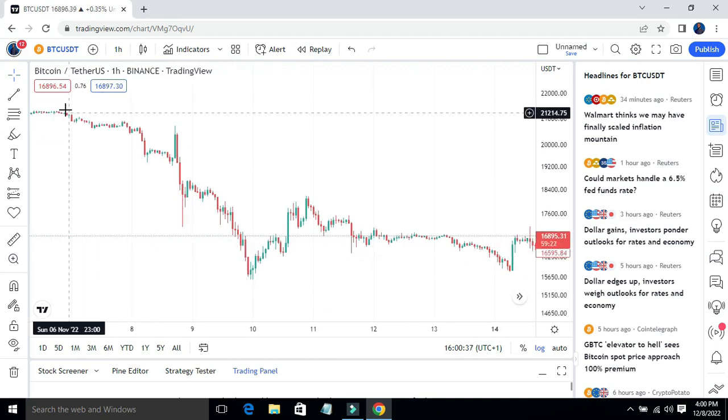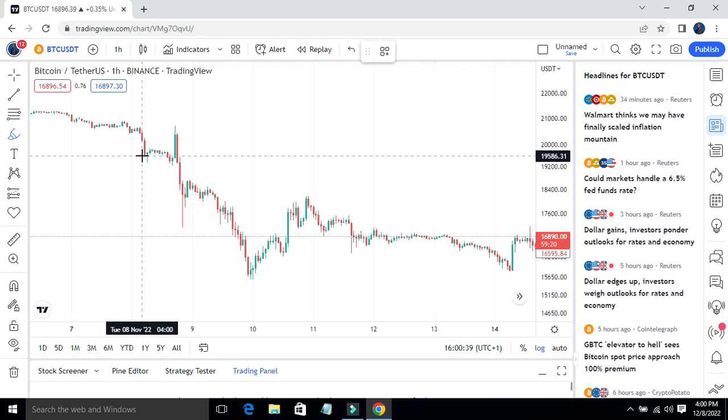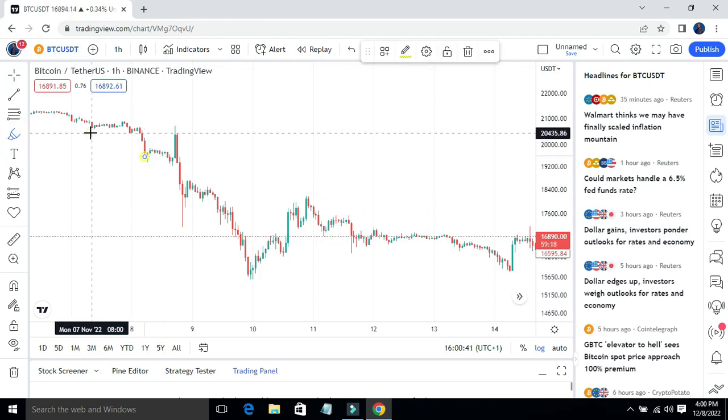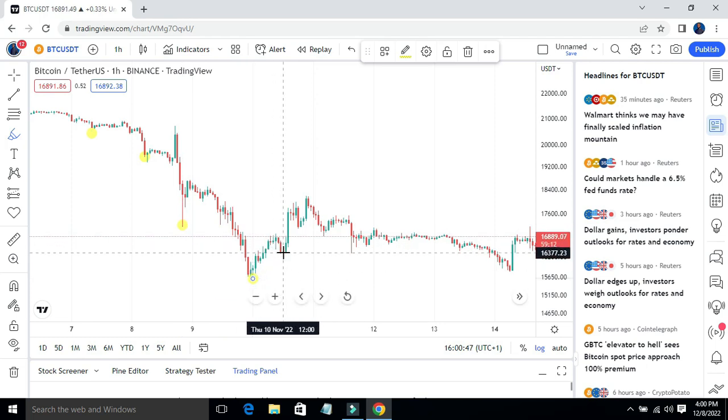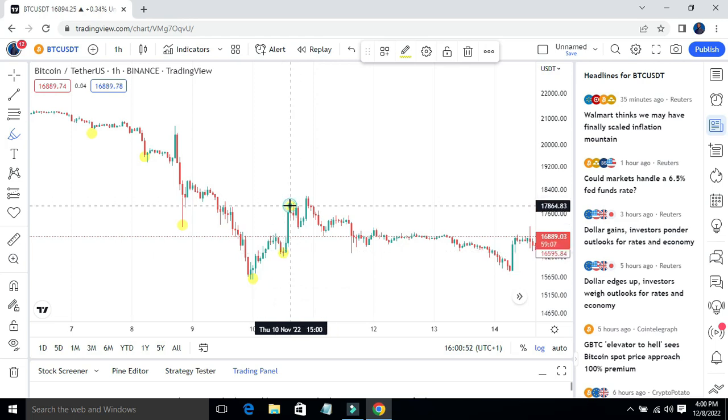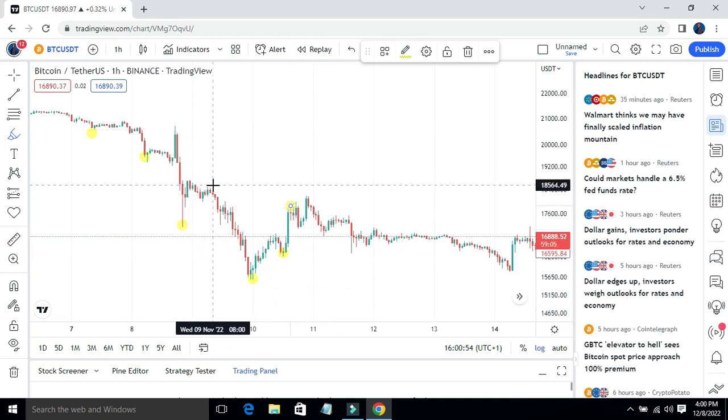So in this downtrend, you can see a low, and then another low here. All right, and then a high here. Okay, these are the highs.